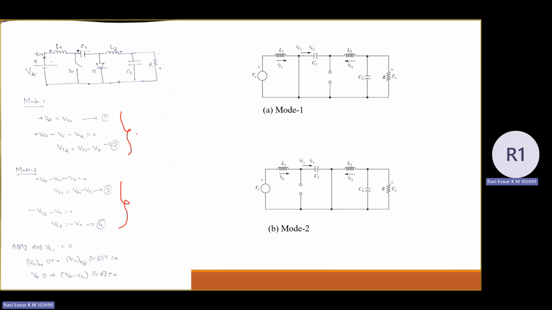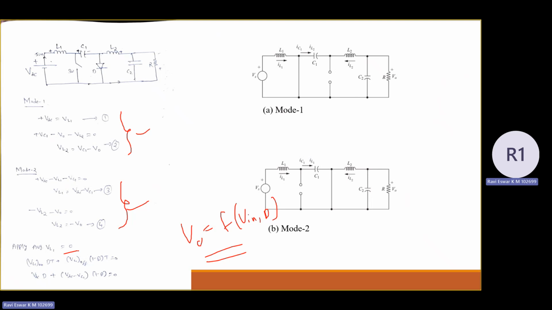Again, to get the output voltage as a function of the input voltage and the duty cycle, you definitely need to use the average voltage across inductors equal to 0. Here two inductors are there, so you apply the average voltage across inductor L1 separately and across inductor L2 separately.